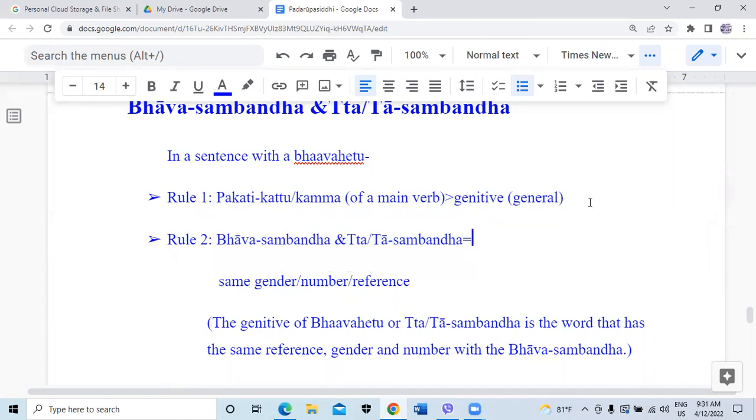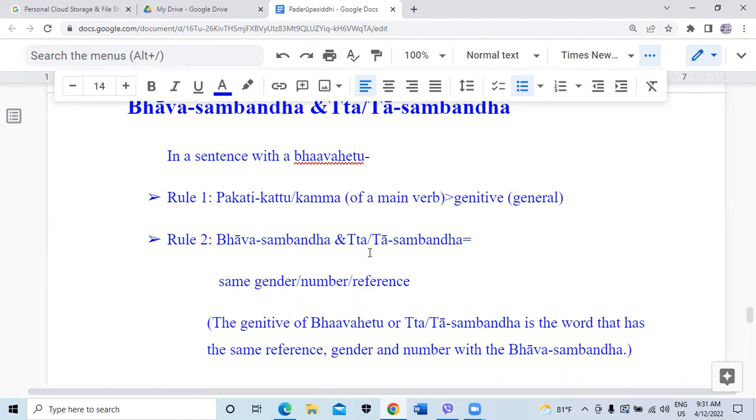This is also just to simplify, to make students understand easily, because as I said before, subjects and objects are easy to be noticed in a Pāļi sentence.